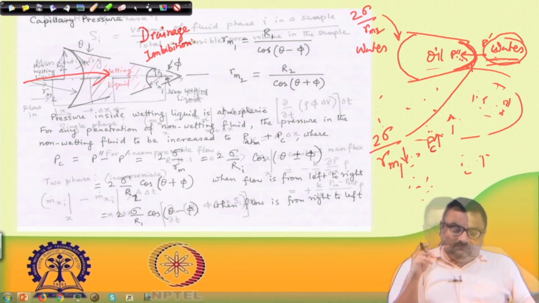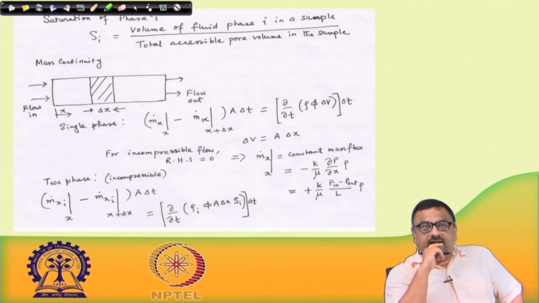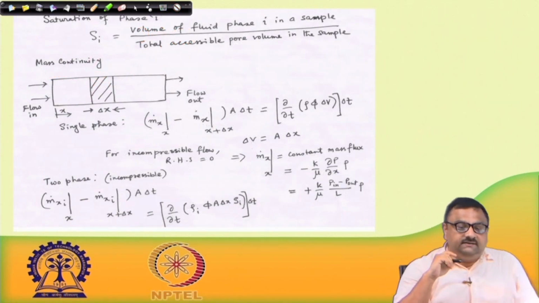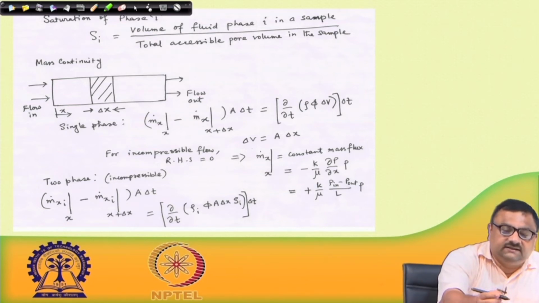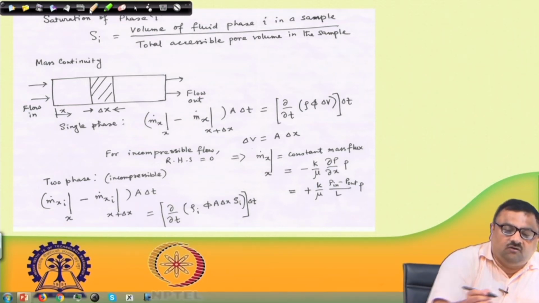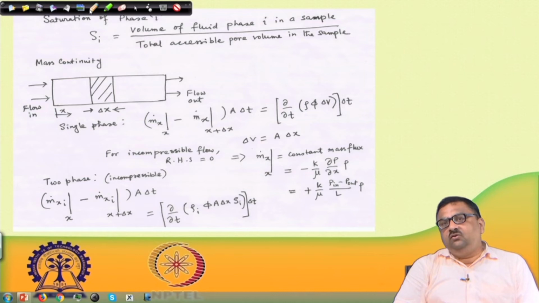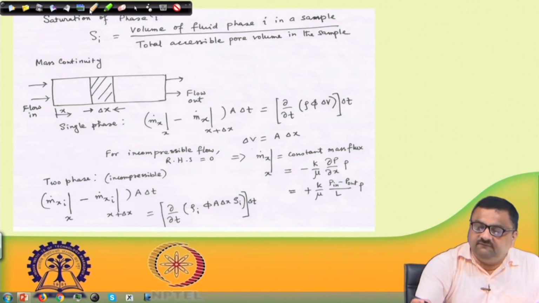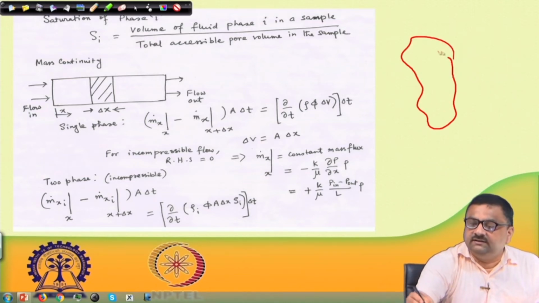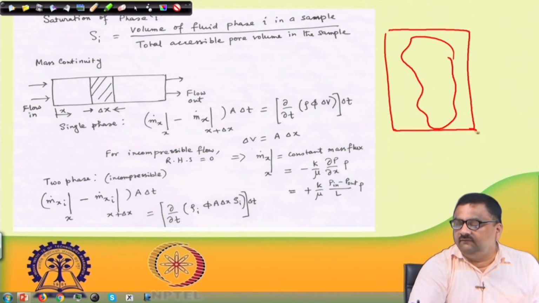Now, we need to define at this time what is known as the saturation of a phase, when it comes to flow through porous medium. Now, we have two phases. So, I have a void space present. Let us say this is a differential volume I have taken.